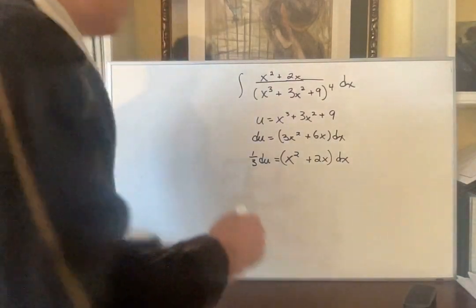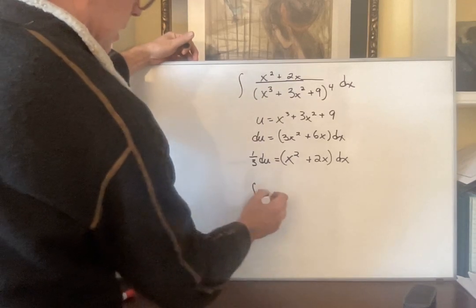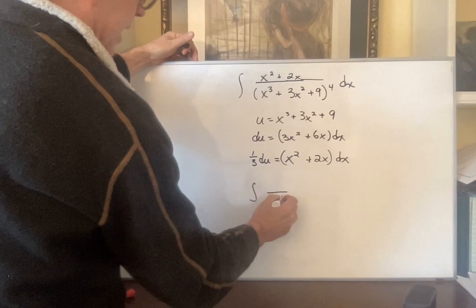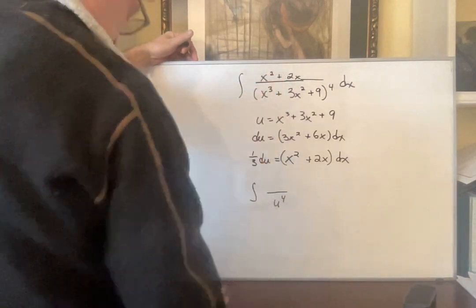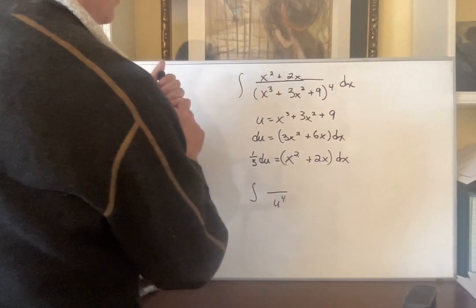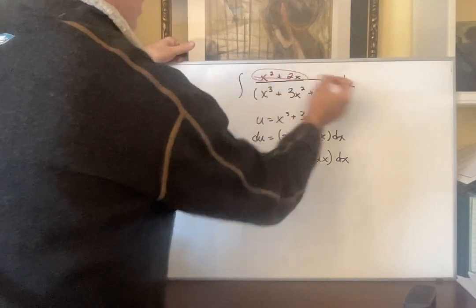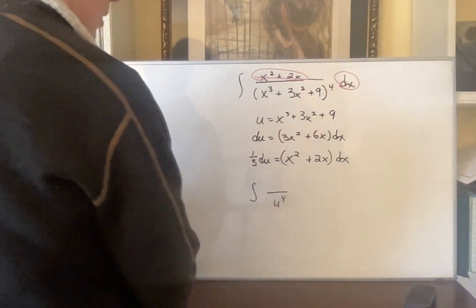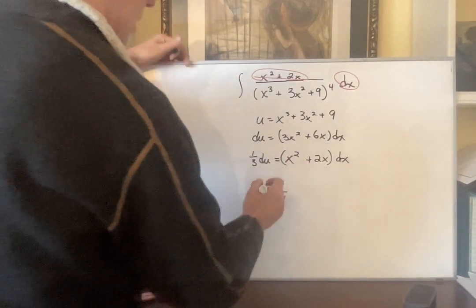I'm just going to rewrite this now. Integral sign, integral sign. I'm going to have u to the 4th on the bottom. And guess what I'm going to have on top? Well, I still use my red marker. I've got this thing here, and this thing here is not represented. So I can tell, though, that that equals 1/3 du.